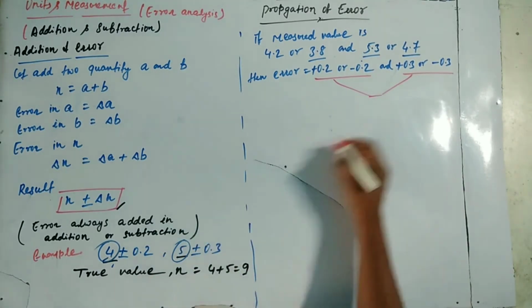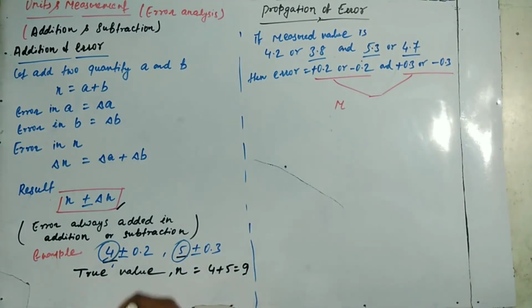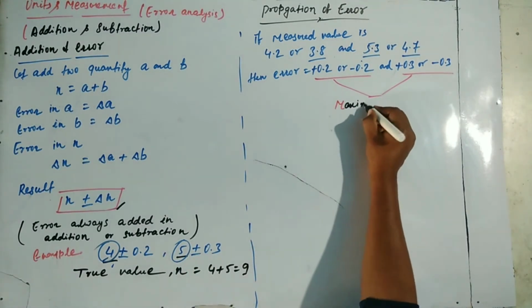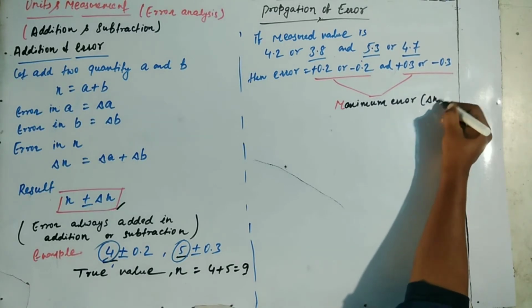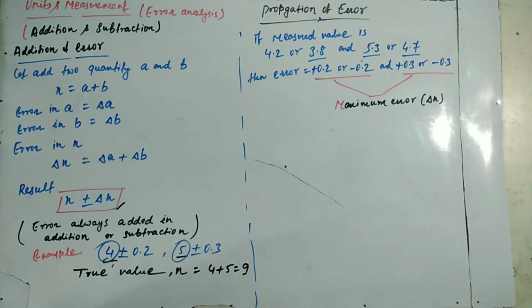The error will not cross this value, so it is the maximum error for this value, and it is called del X.